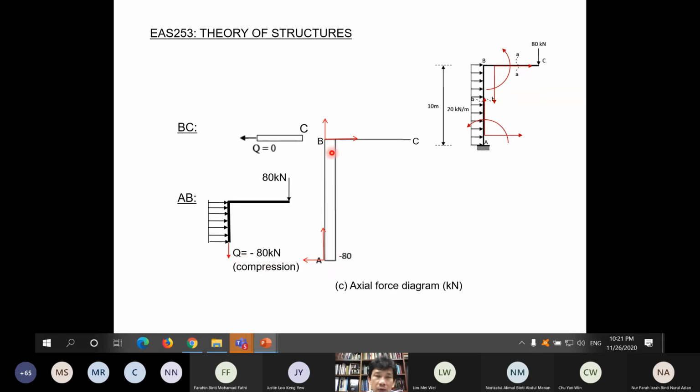So negative Q for this part AB, we have our X and Y like this. So negative is drawn on the other side of this positive Y. So negative we draw on this side here. So this completes the axial force diagram: no axial force and negative constant axial force 80.